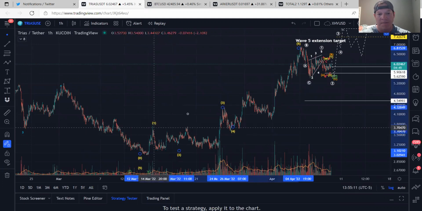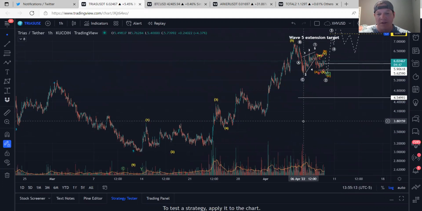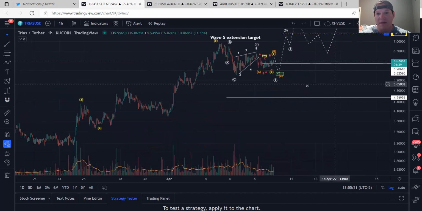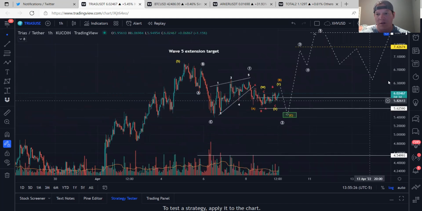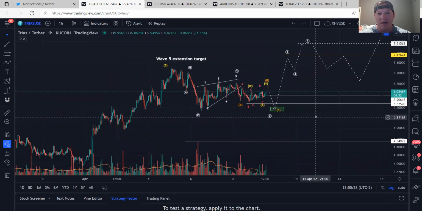So as you guys know, if you have been following me on Twitter and watching these videos, I had this count 1, 2, 3, 4 with the extended fifth wave. We ended up getting that fifth wave extension, and we are currently in a corrective pattern here. We either have an ABC and then a leading diagonal here.